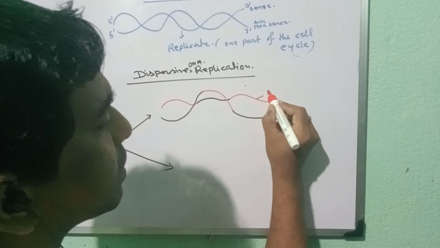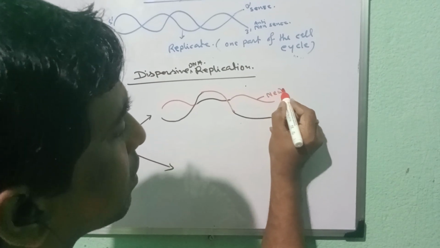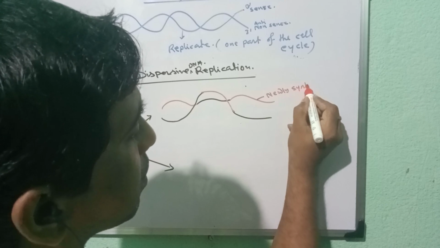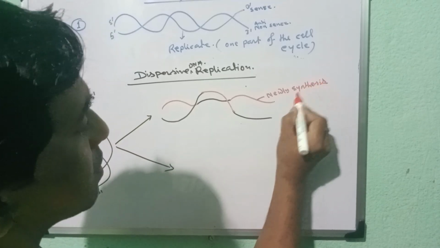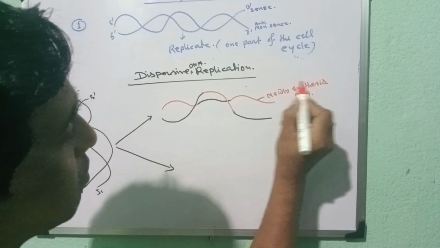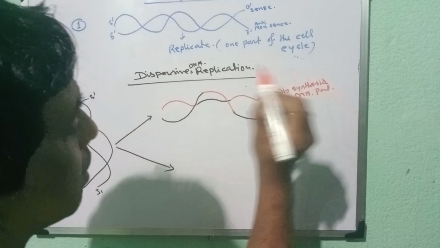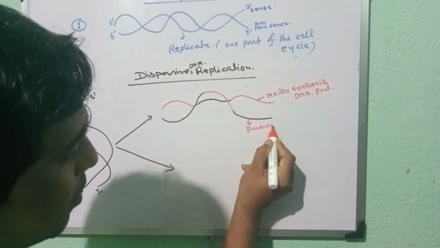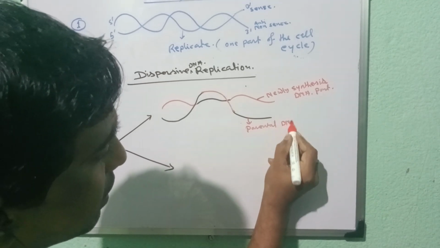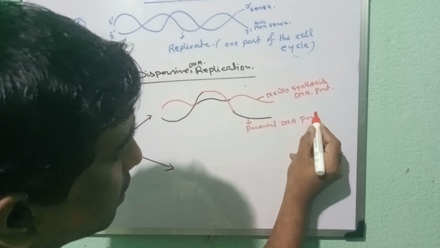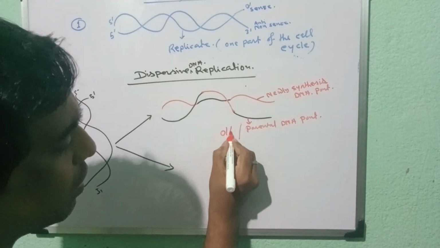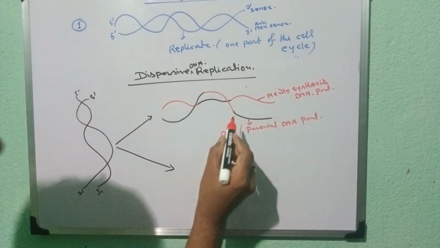This is the newly synthesized DNA part, and this is the parental DNA part. That is the old DNA part. This is also called the old DNA part. This is the old DNA part.